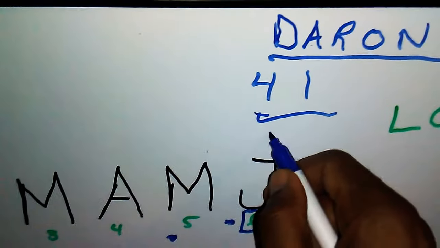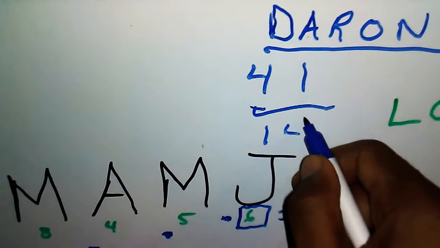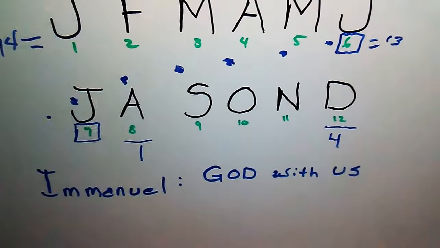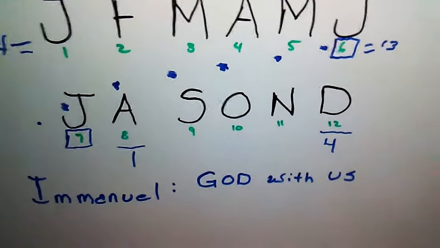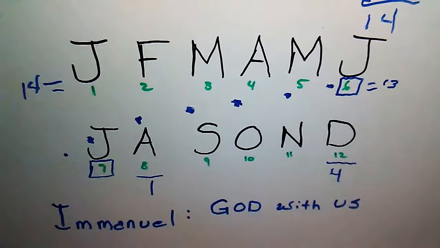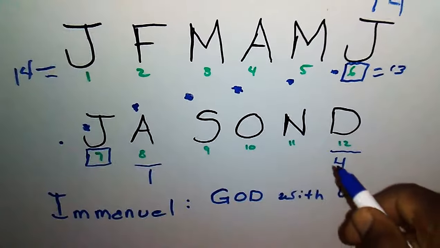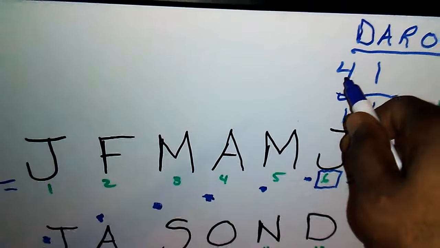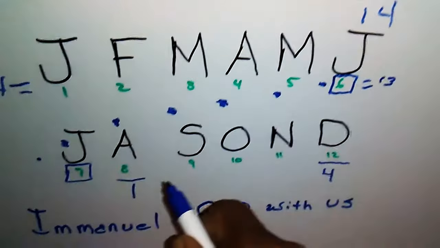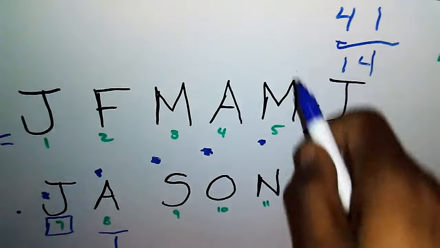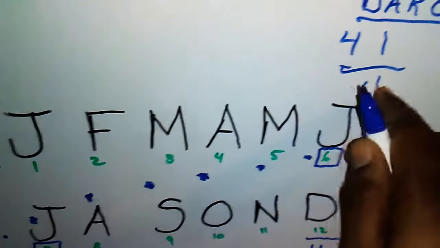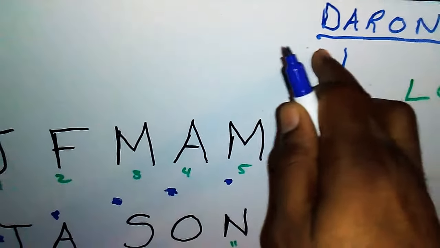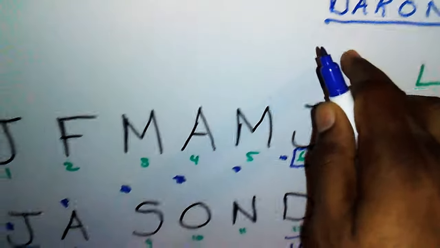Right is left, left is right. And it can also be coded to show the placement, that the D is first and the A is second in the name. Give you some food for thought.